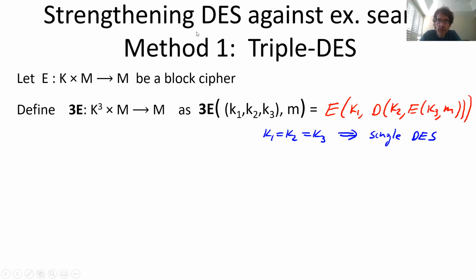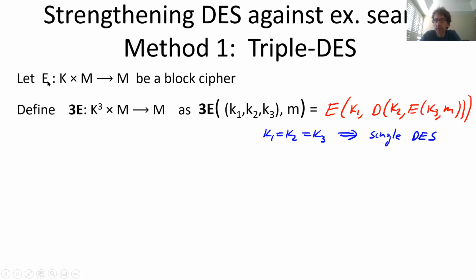This key extension to larger key sizes, the standardized method for this is called triple DES, and it's basically triple any cipher. You can apply it to DES, you can apply it to any cipher.